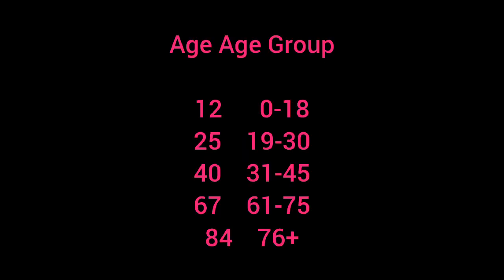And here we have age labels, which is a label for each age interval. From 0 to 18 is an age group. If we have a patient who is 16 years old, they will be in this age group.